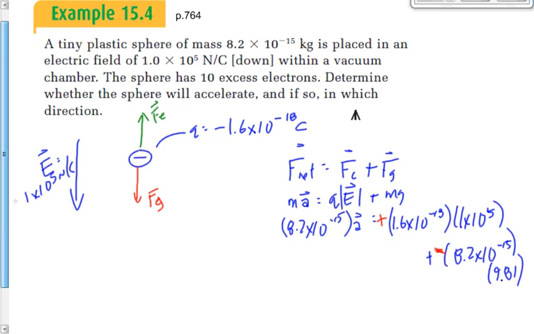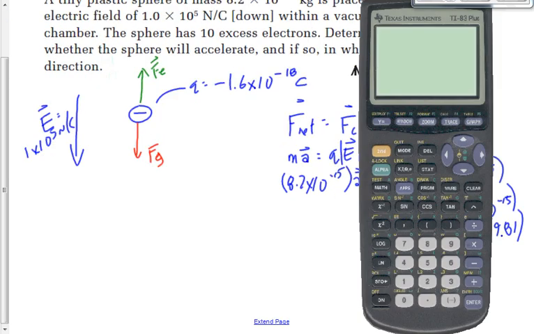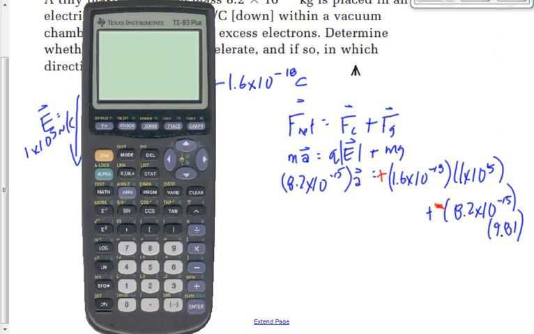Okay, let's get the value of the acceleration A now, if there is a value. We're going to say 1.6 times 10 to the minus 18, not 10 to the minus 19, times 1 times 10 to the 5. We're going to subtract from that 8.2 times 10 to the minus 15 times 9.81. Okay, that gives me the right-hand side. Now we're going to divide that number by 8.2 times 10 to the minus 15.